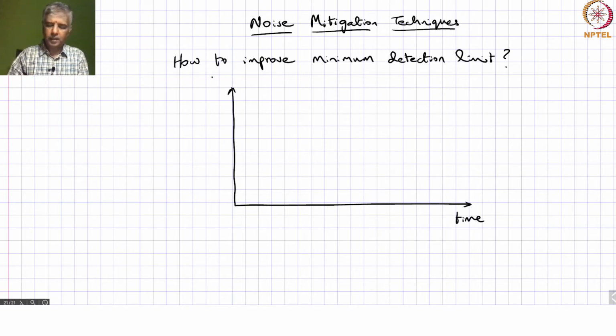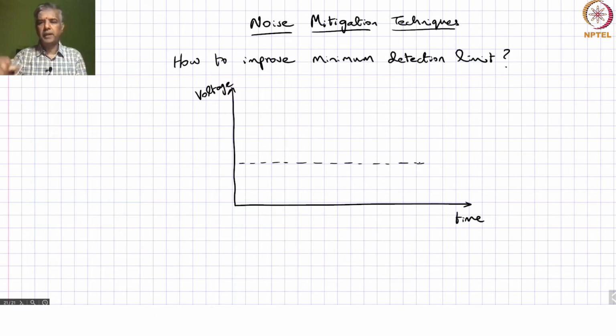We are observing some current or maybe some voltage representing the measurement, right? So when we look at this, the measurand maybe is holding at this value, right? But what we actually measure in our sensor is something around that value, but not exactly that value.